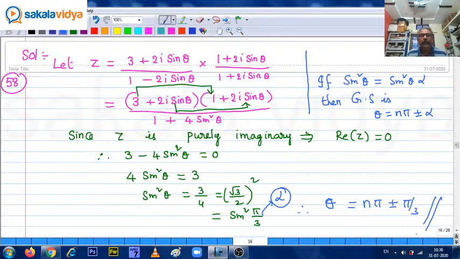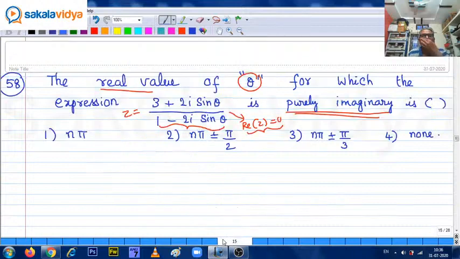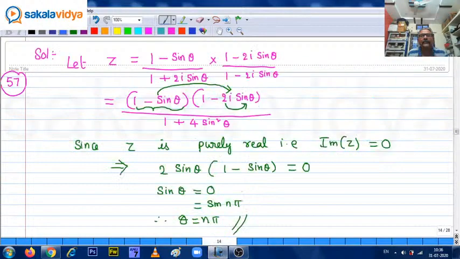Okay, so now this question, you absolutely get a minus sign, don't worry.